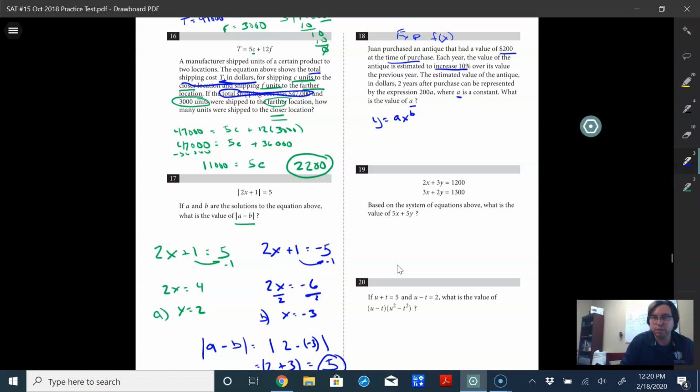The a in the formula is not the A here, which is a little confusing, but the a in the formula should be 200. That goes here. So what we're really looking for is the x, which is A in this particular problem. So we want to know the estimated value of the antique in dollars 2 years after the purchase, represented by the expression.